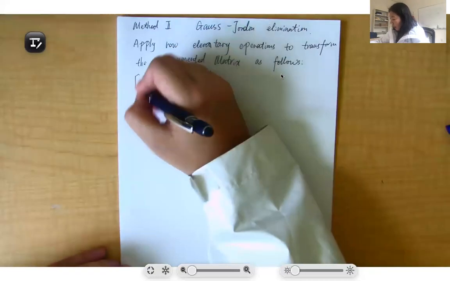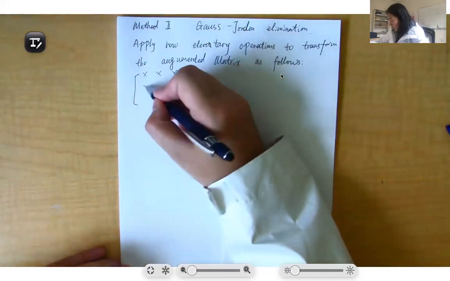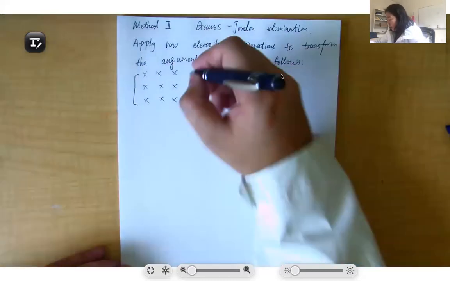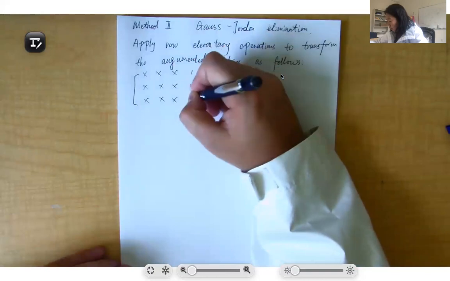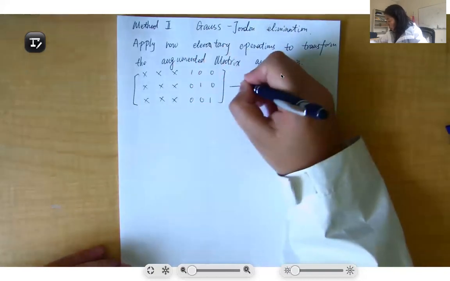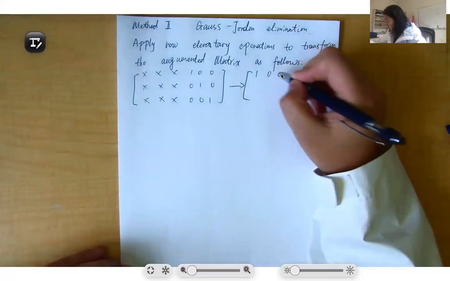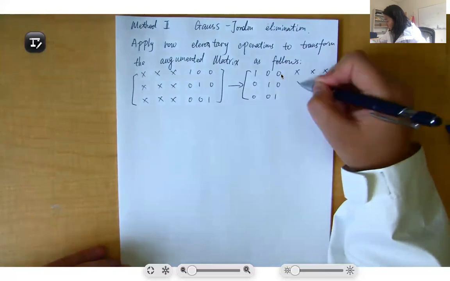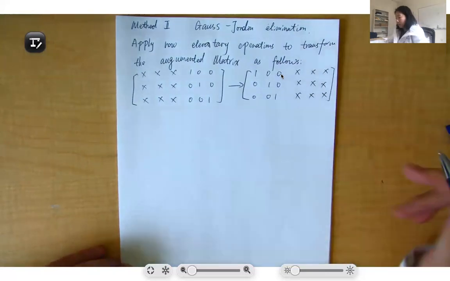So you have the augmented matrix, which is [A | I]. So this is A, which is a 3 by 3 matrix. You have the identity 1 0 0, 0 1 0, 0 0 1, and you will transform A into the identity matrix 1 0 0, 0 1 0, 0 0 1 with the matrix inverse on the right. Okay, so this is Gauss-Jordan.